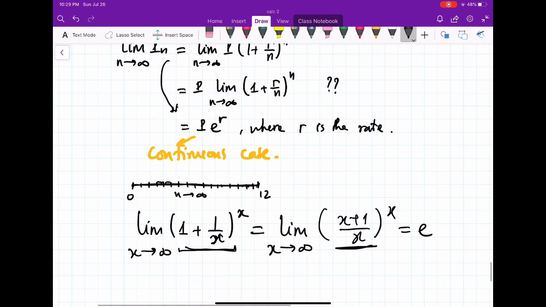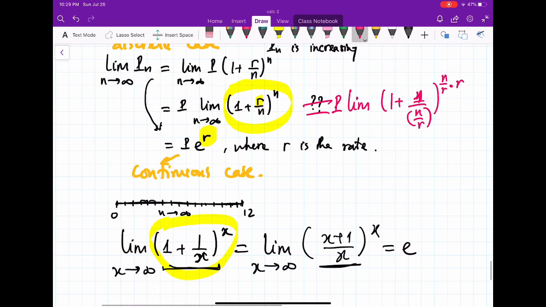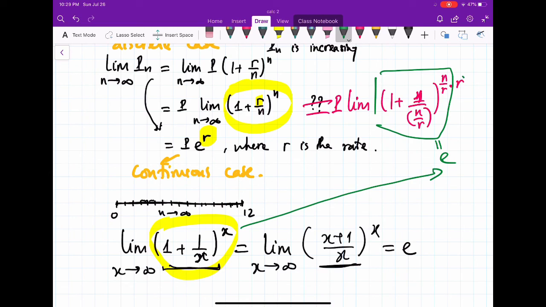So if you compare this formula and this formula, the difference is only in r, and because of that you have e^r right here. This limit is equal to, let me write P in here, the limit of (1 + 1/n)^(n r). If you group this all together, you get the number e by this limit, and then take the power, you get e^r. Okay?